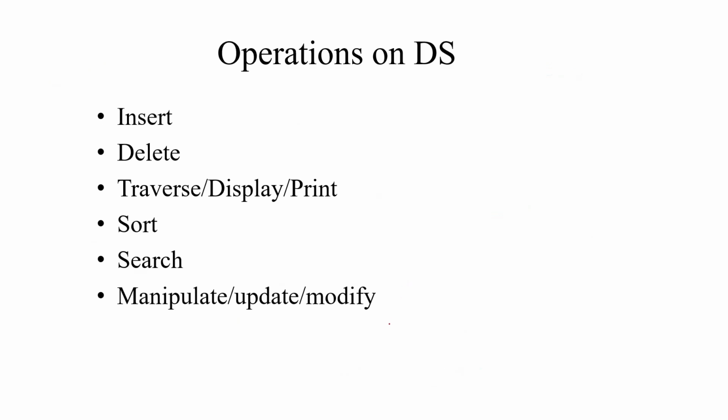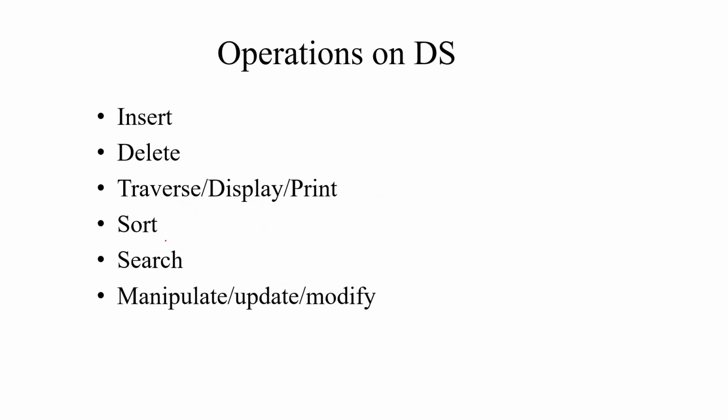As I told you in the syllabus, mostly we are going to see operations on data structures. What kind of operations? Mostly insert and delete. These are the two main operations, with the help of which we can create data structures. Then in the end, we will always see what the elements of our data structure are, so we can traverse all the elements, or sometimes use the term display or print the elements.